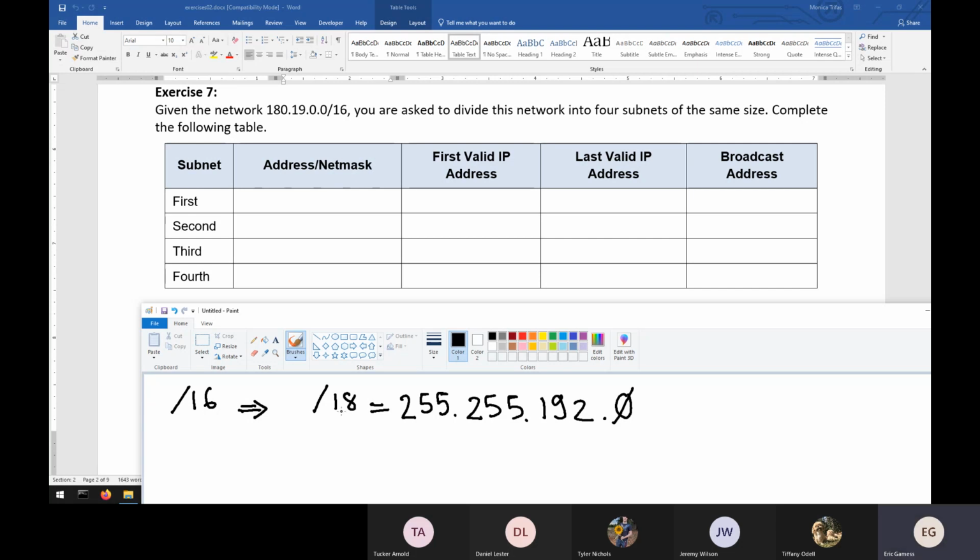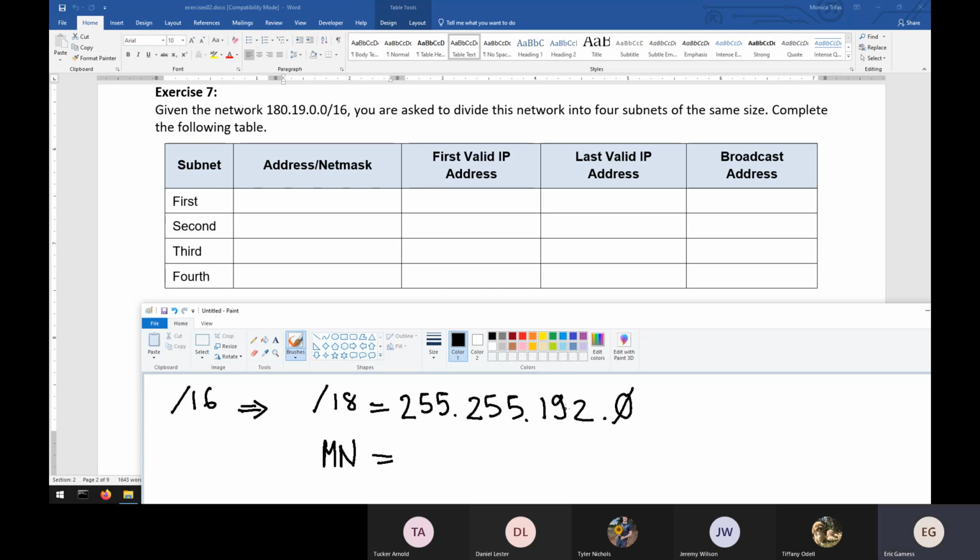Okay, I want to compute the magic number. So what will be the magic number? I parse the subnet mask in search of the last byte that is not 0. Is this the last byte that is not 0? No. Is this the last byte that is not 0? No. Is this the last byte that is not 0? Yes, because after it we have a 0. So the last byte that is not 0 is 192.